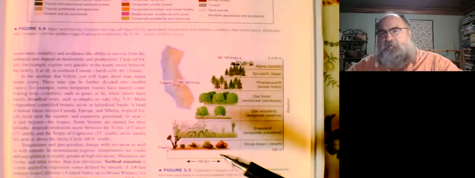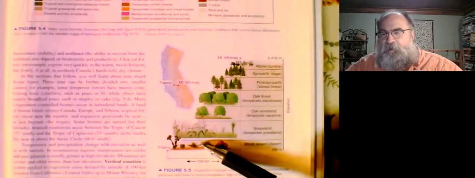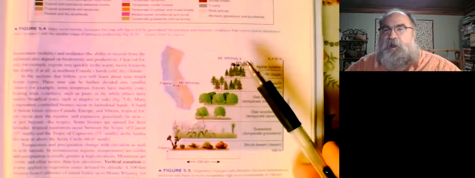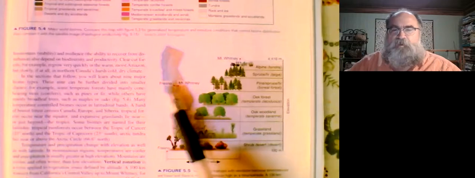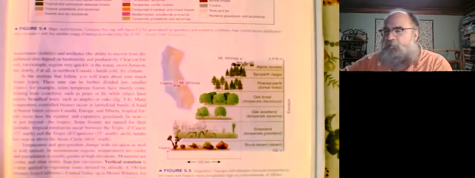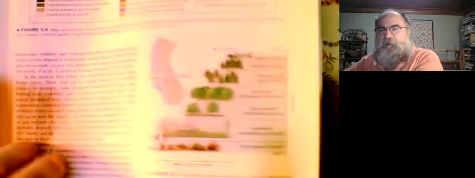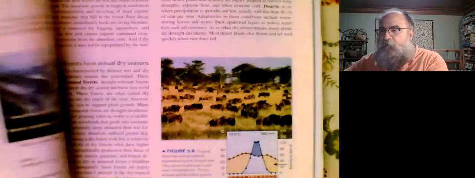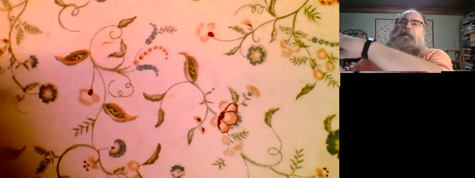Instead of going from the equator to the North Pole, we're going from sea level up to the top of a major mountain. He was doing his research, Merriam, in California. And so you have those pictures there. And there's this correspondence between altitude and the biomes.